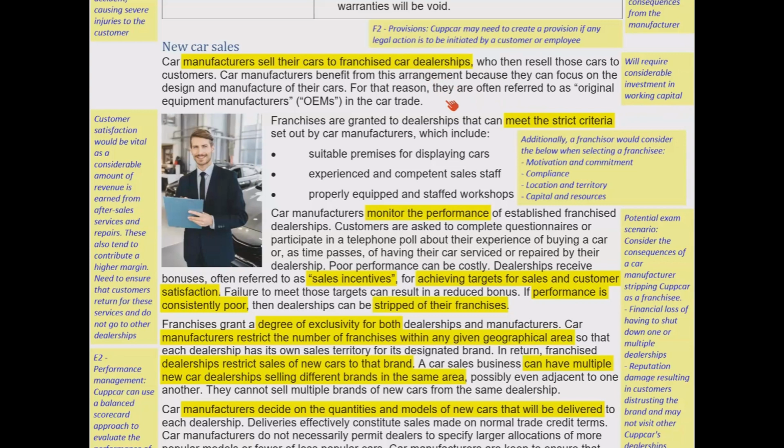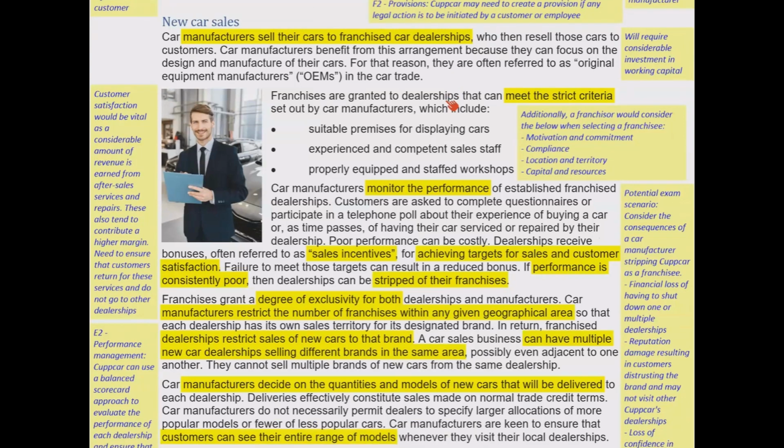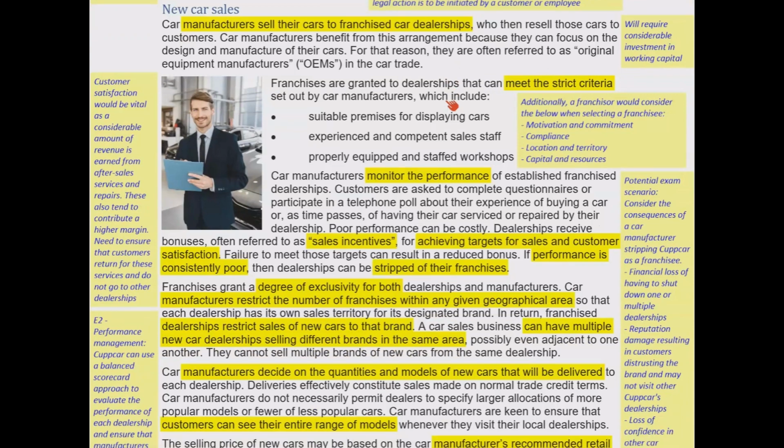So is this an area of Welland where they should be selling the bigger, more expensive models of the car, because that fits with the customer buying behavior and customer needs? Or should they be selling the cheaper models, because that fits more with the demographics of the local market? So that management of inventory, I think we can see, is going to be really, really important.